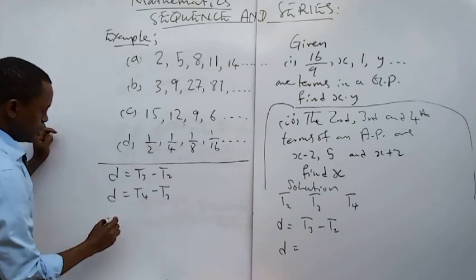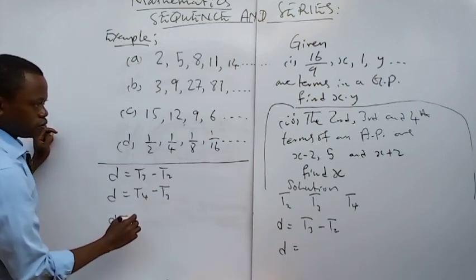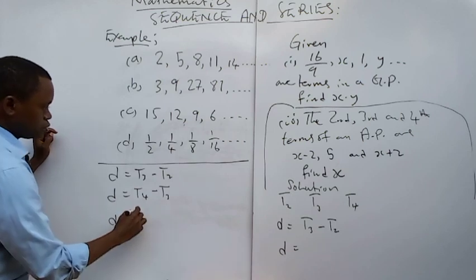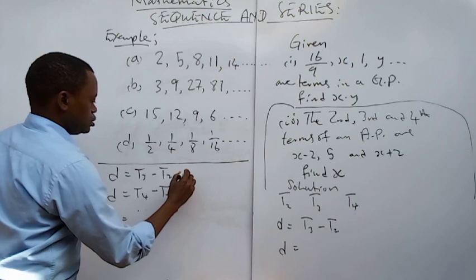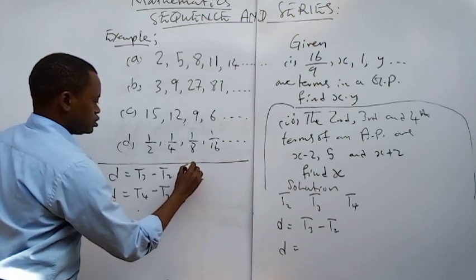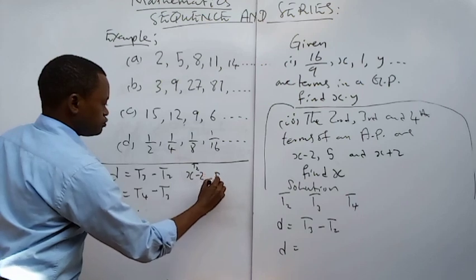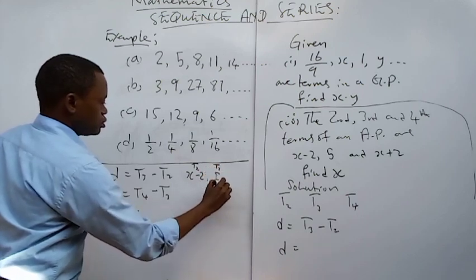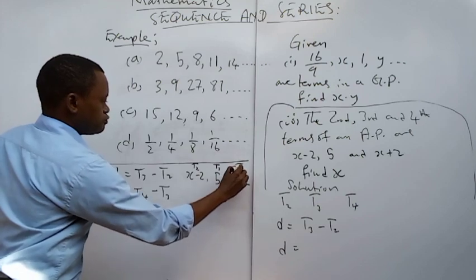So it then means here, let me write that in very well so that you can get it: x minus 2, this is T2, comma 5, this is T3, comma, then x plus 2, this is T4.